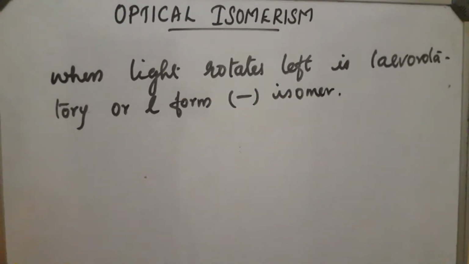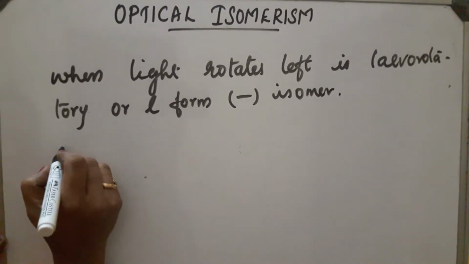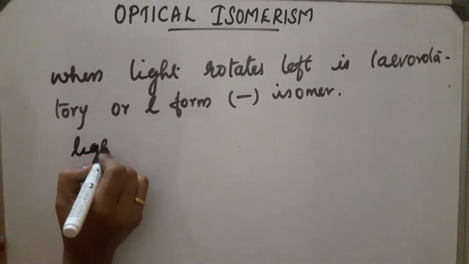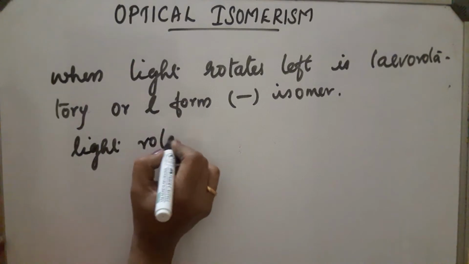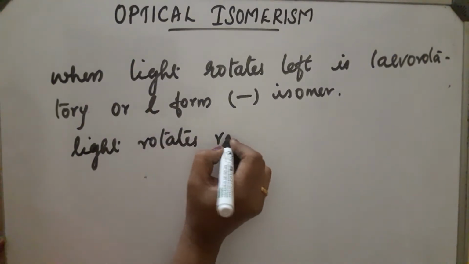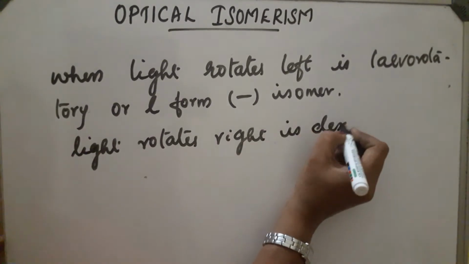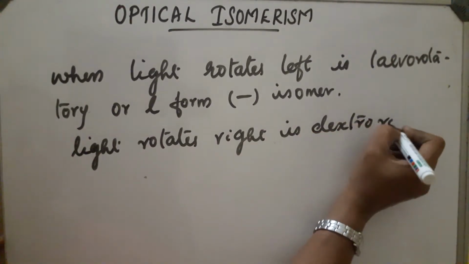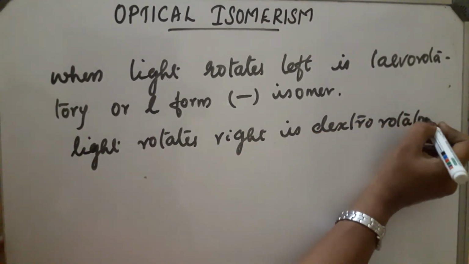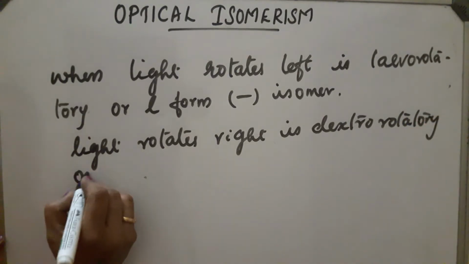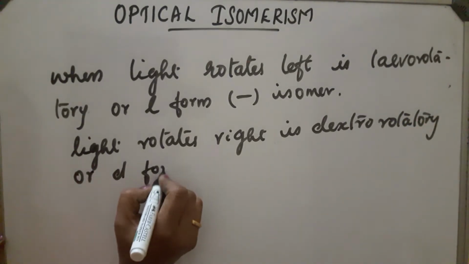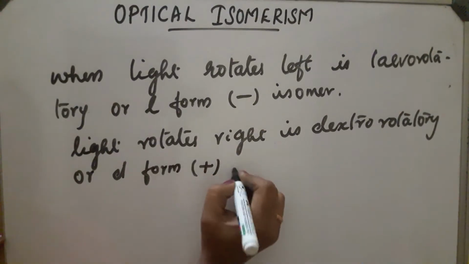And when the light rotates to the right, the compound is dextrorotatory, or D form, or it is the positive isomer.